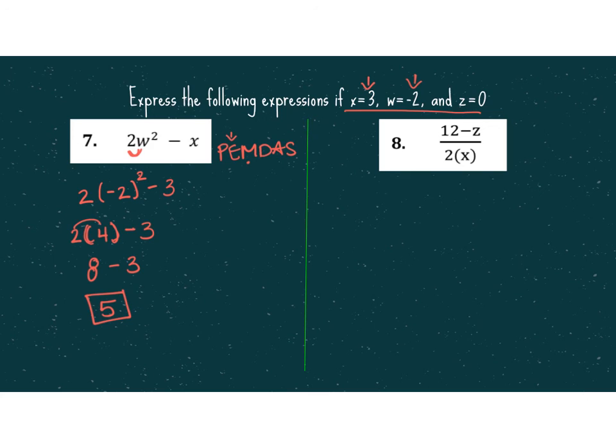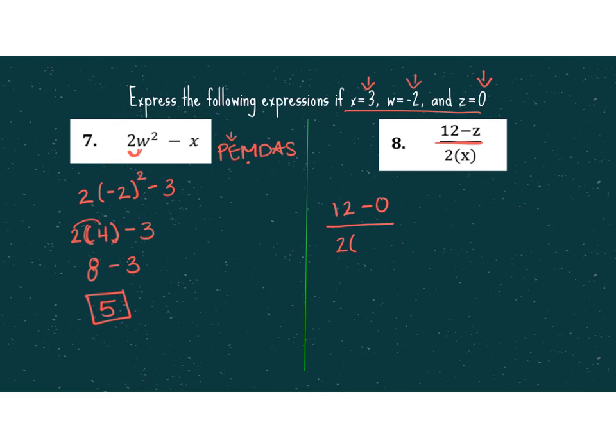Just like before when we had this fraction bar, it's like division, but we're going to work on it as two separate pieces and then put them together in the end. So we're going to start with our 12, and it says subtract z. When I see z, z is 0. So that's going to be my top half, 12 minus 0. And then we're going to put our bottom half in. I have a 2, and I'm going to multiply it by x.